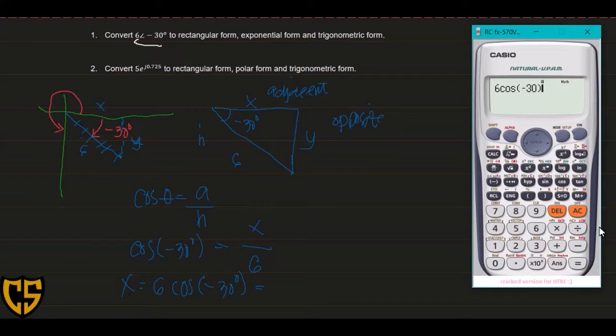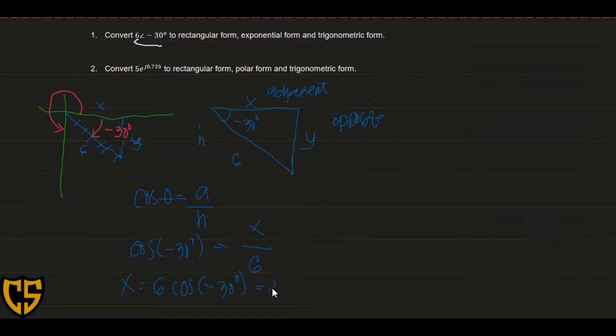So this is equal to 3 square root of 3. But if we are going to express our answer in decimal form, 3 square root 3 is equal to 5.196.